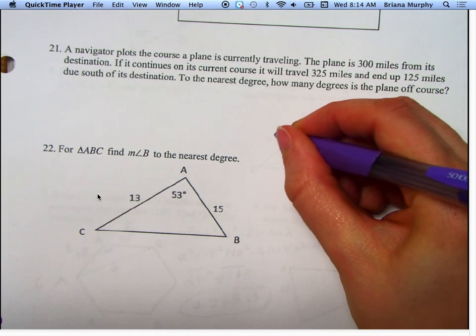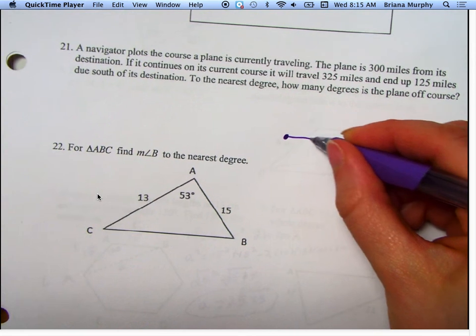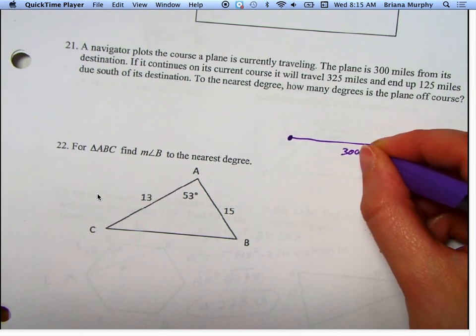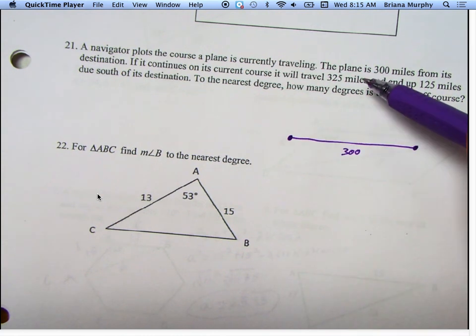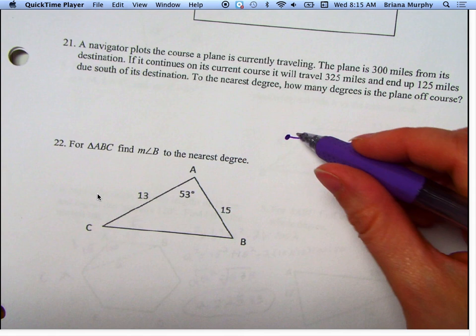So here's my plane. I'm just going to use a dot for my plane for right now. It is 300 miles from my destination. But I'm off course. So it will travel 325 miles and end up 125 miles due south.